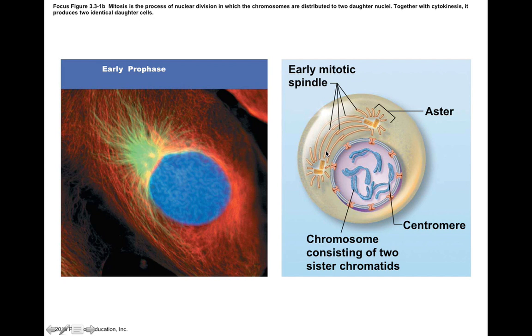Our mitotic spindles start to form, where the centrioles have separated, and we have duplicated centrioles, and they form what's called an aster, meaning star. And if you look at it, it has this sort of star pattern of microtubules that project away. We call this the mitotic spindle because these microtubules play a role in anchoring to chromosomes and then helping to pull those chromosomes to opposite sides of the cell.